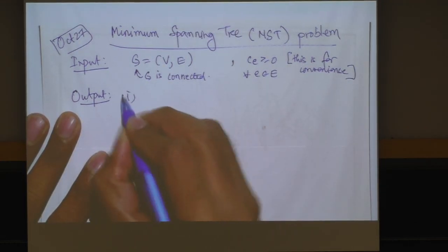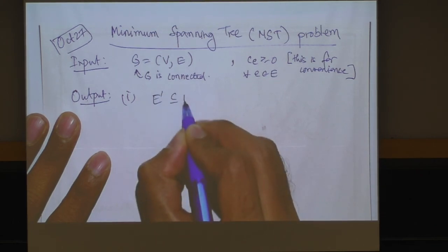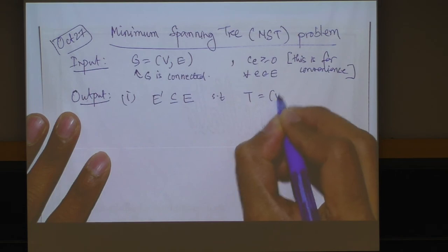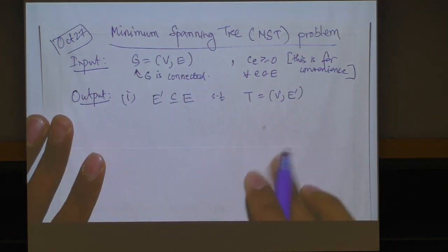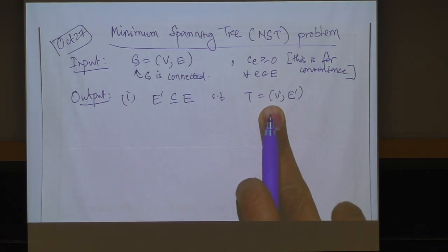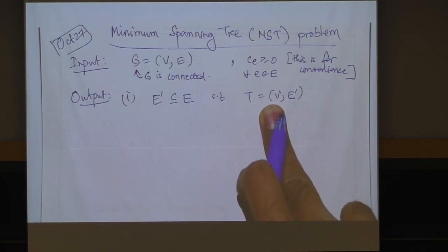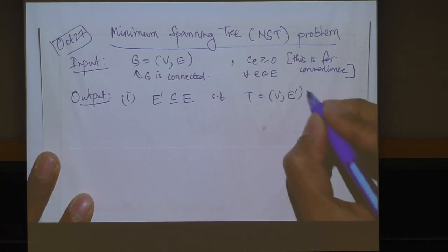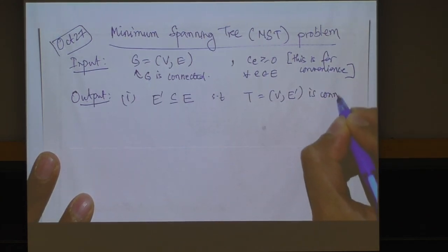So you want to output a subset of edges E' such that if you look at the graph where the set of vertices is still V, but now you're only using the edges in E'. Or another way to think of this is you start off with your original graph and throw away edges that are not in E'. Right? Then the remaining graph that you get is connected.